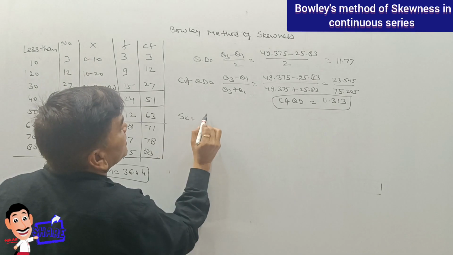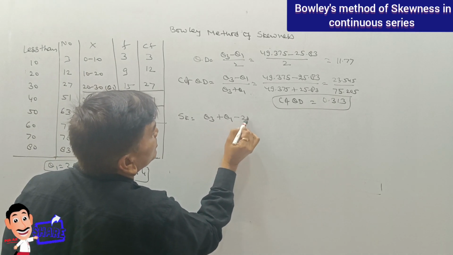Now skewness, that is Q3 plus Q1 minus 2M.